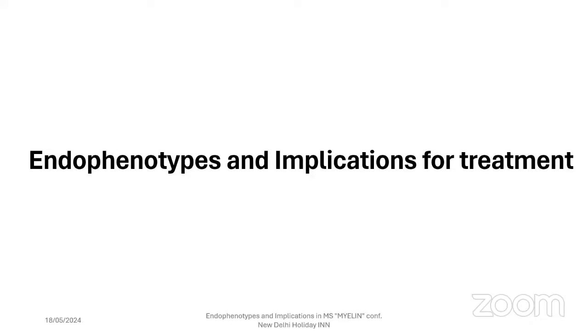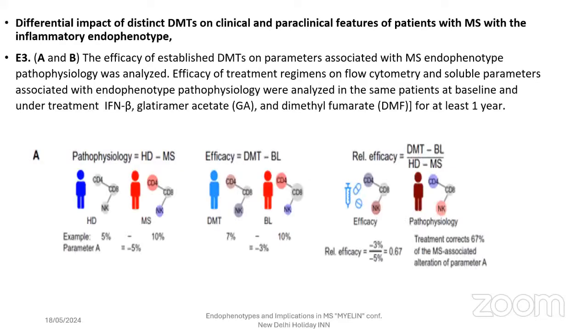What are the differences that have been observed? The differences observed are very striking, showing the differential impact of distinct DMTs on clinical and paraclinical features of patients with MS with the inflammatory endophenotypes. In this diagram, A and B show the pathophysiology of MS and the effect of disease modifying drugs.